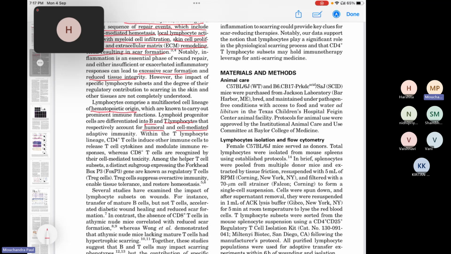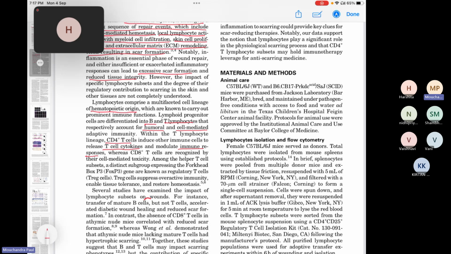Now within T lymphocytes, there are various subtypes. First subtype is the CD4 T cells. CD4 is the receptor, so T cells which display the CD4 receptor are named CD4 T cells. Their role is to release T cell cytokines and modulate immune responses.